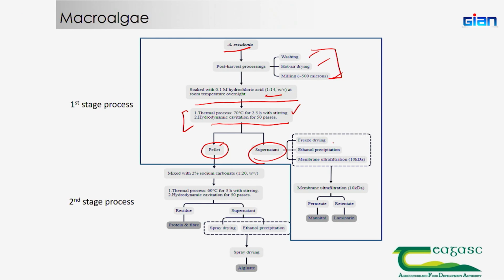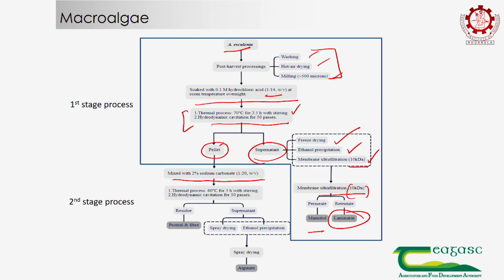The supernatant was either directly freeze dried to calculate the extract yield after the treatment, or ethanol precipitation to precipitate your laminarin, or membrane ultrafiltration using a 10 kilodalton membrane, because we know that more than 10 kilodalton is the molecular weight of laminarin, and whatever is left over below 10 kilodalton was your mannitol and the retentate was laminarin. So, this is what was for the stage 1 process.